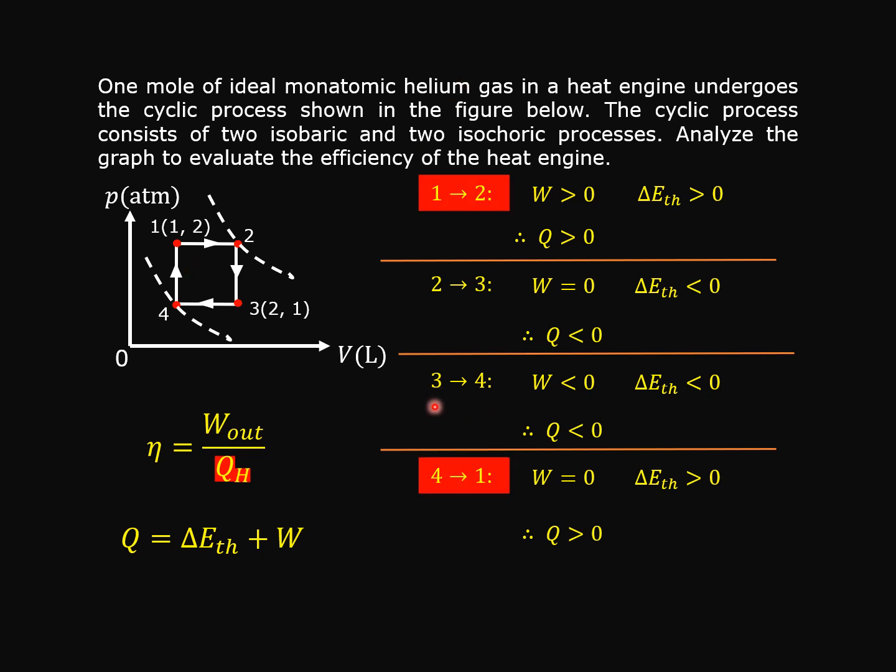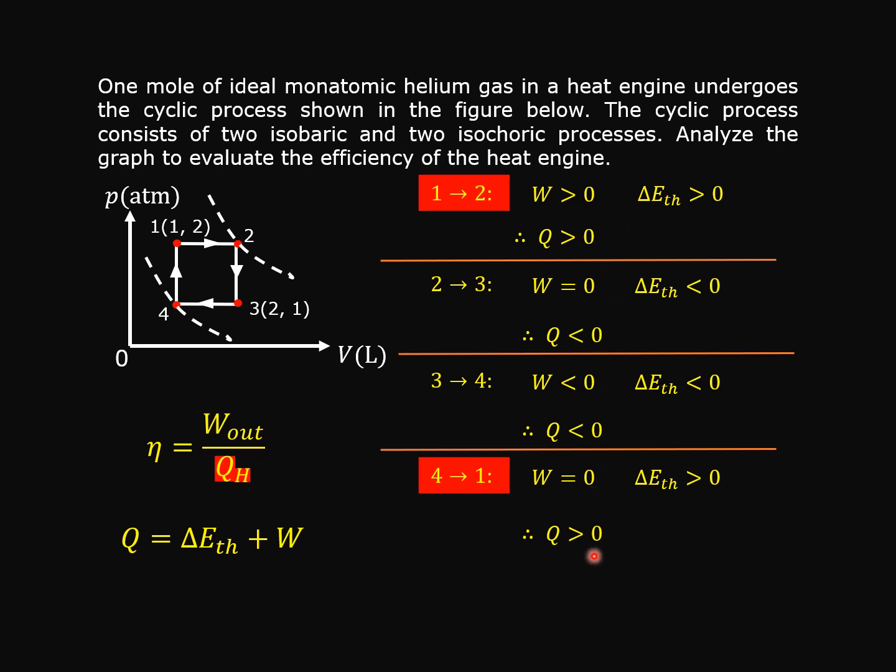Now we can see that the QH is contributed by the isobaric process when the state changes from 1 to 2, Q positive, and also the isochoric process when the state changes from 4 to 1, and this is another Q which is a positive value.